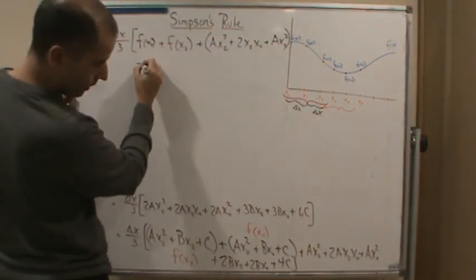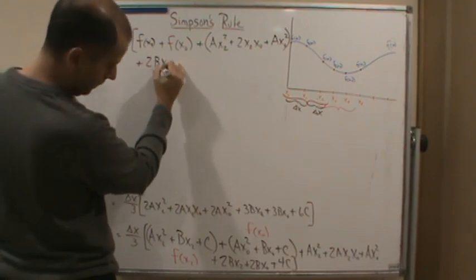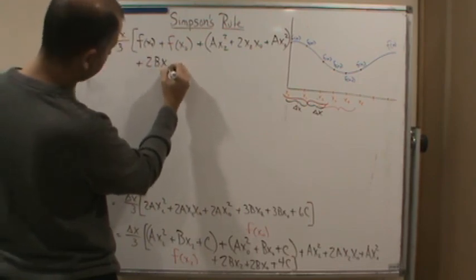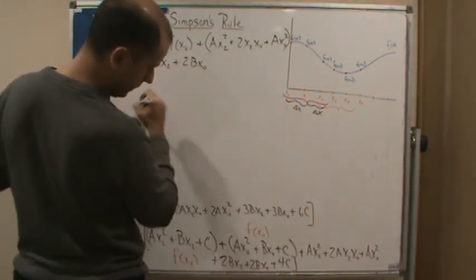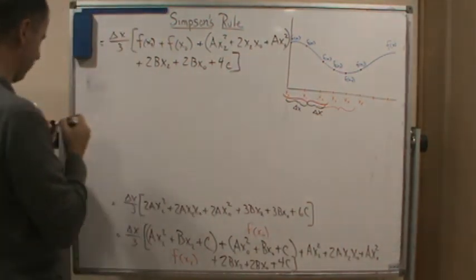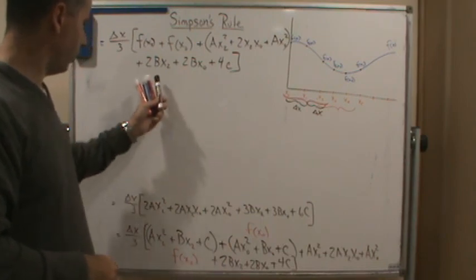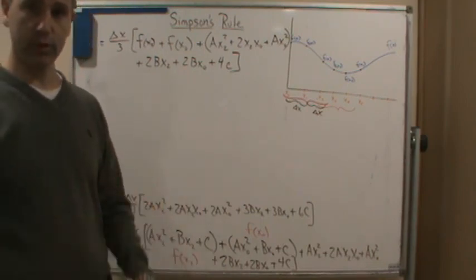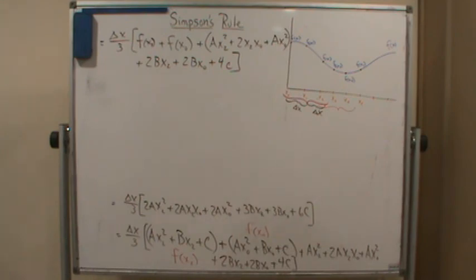And then plus 2bx2 plus 2bx0 plus 4c. Okay, so let's stop there, and when I come back, we'll finish this up and do some more substitutions and see what it looks like. See you then.